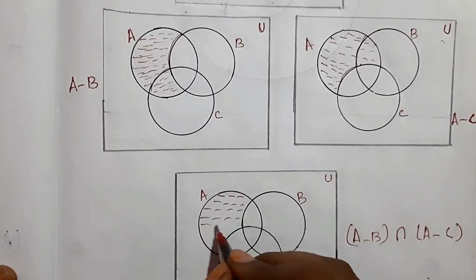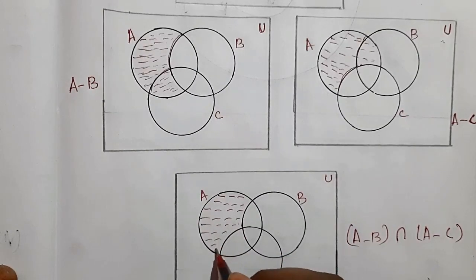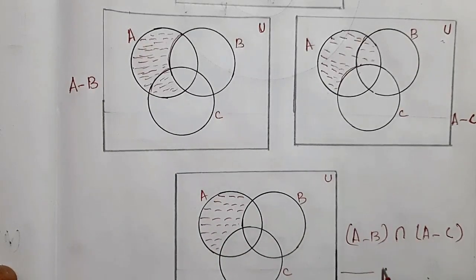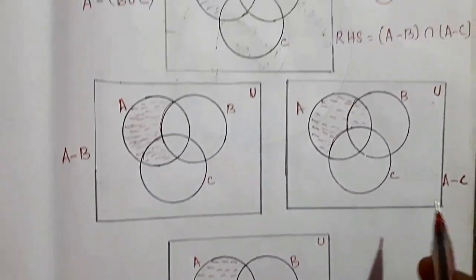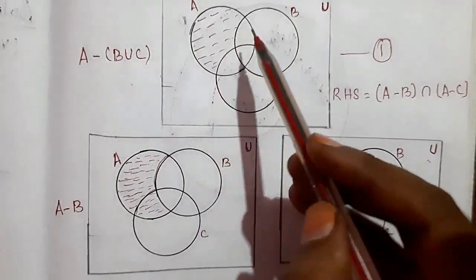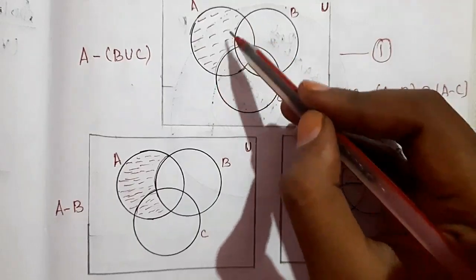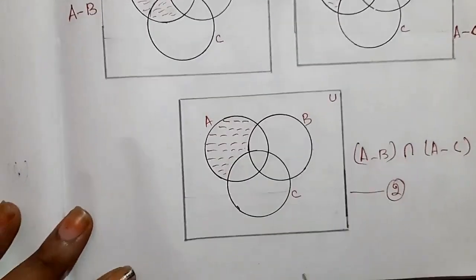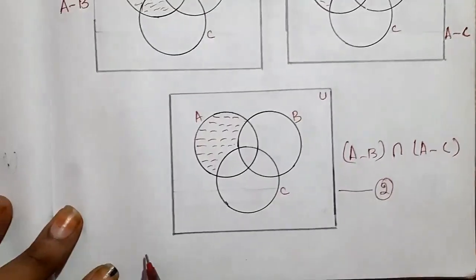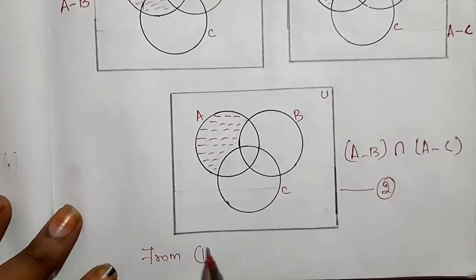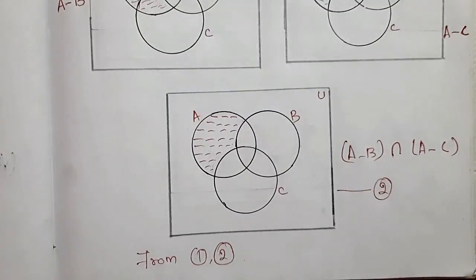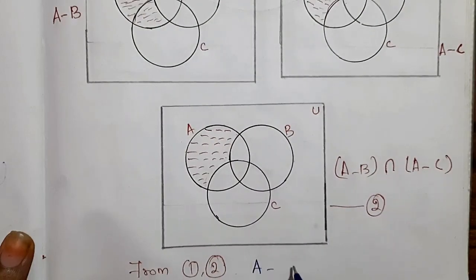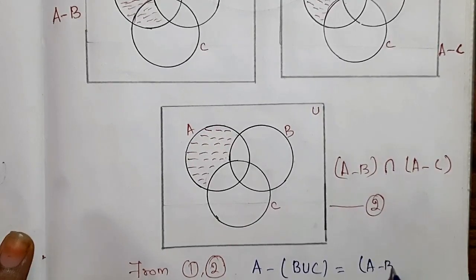This is only A, not B, not C. Okay, let's take it equation number 2. Now we can compare 1 and 2. See, this is 1, only this part. This is 2, only this part. So from 1 and 2 we hence prove that A difference B union C equal to A difference B intersection A difference C.